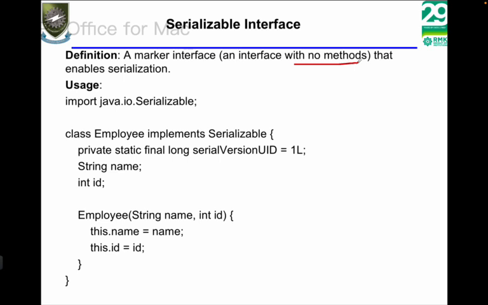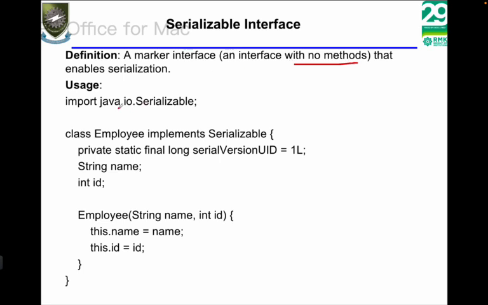For example, abstract classes which do not have method definitions, and a functional interface which contains only one method declaration. Similarly, in serialization, we use a concept called a marker interface which has no method declarations.